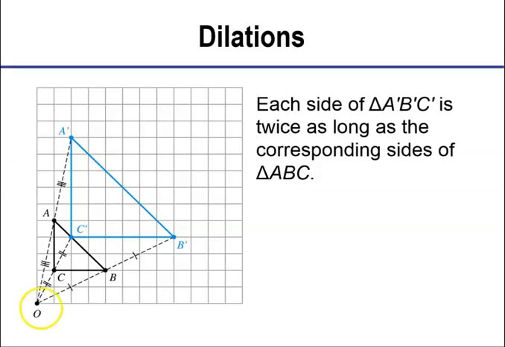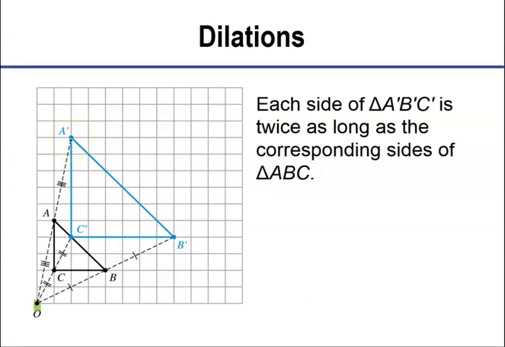When you have a dilation, you're going to have a point or a center O, and you're going to connect your vertices. If you have a polygon, the vertices of your polygon are certain points, with a ray that goes from the center O to your vertex A, and then your vertex A primed by a scale factor.